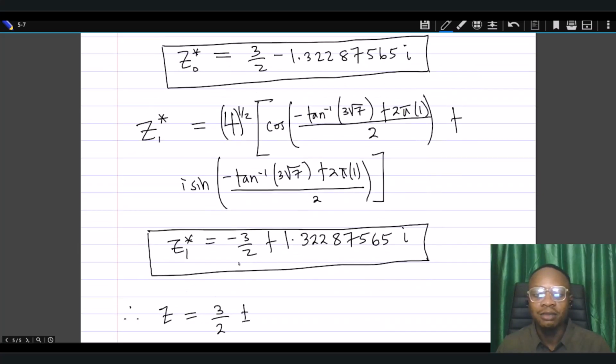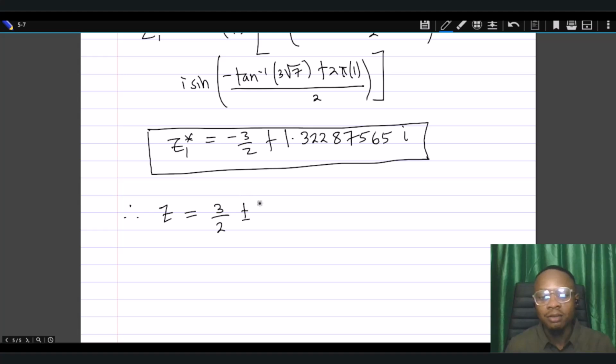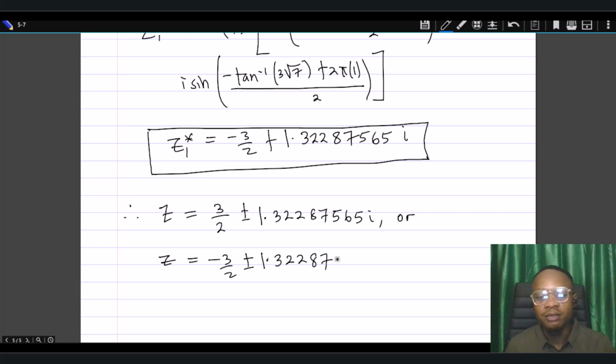So 3 over 2 is plus or minus 1.32287,565i, and z is also equal to minus 3 over 2 plus or minus the second one, 1.32287,565i. So that is our result to the given equation.